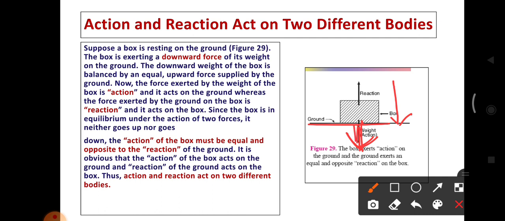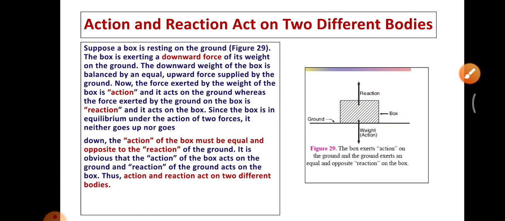The downward weight of the box is balanced by an equal upward force supplied by the ground. So when we keep the box, the weight of the box acts downward, and an equal amount of force is exerted by the ground in the opposite direction.